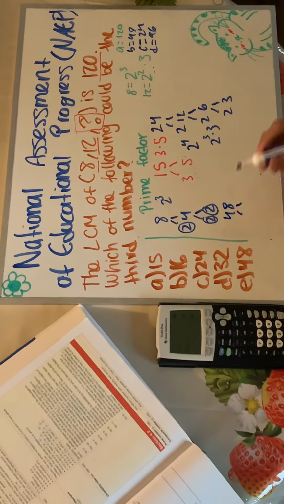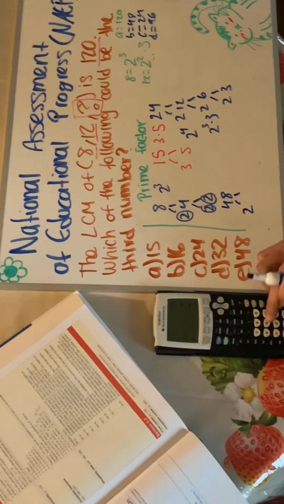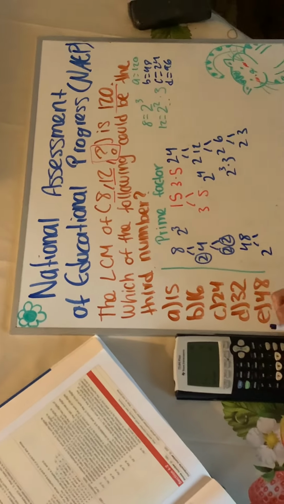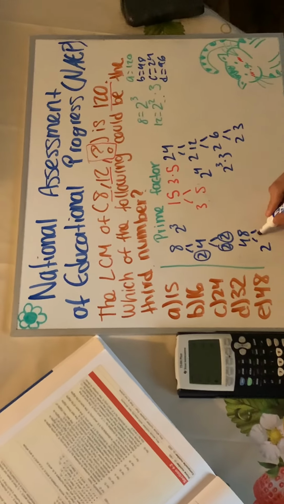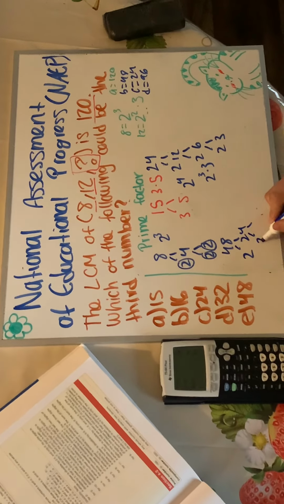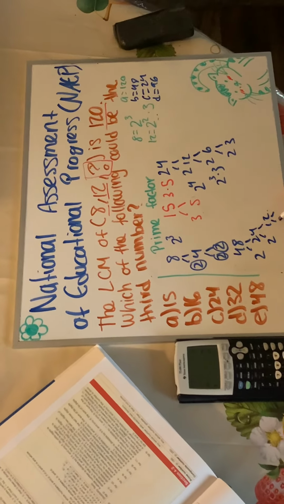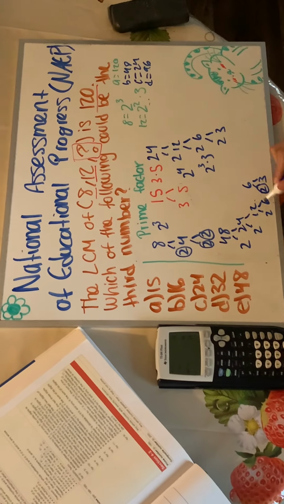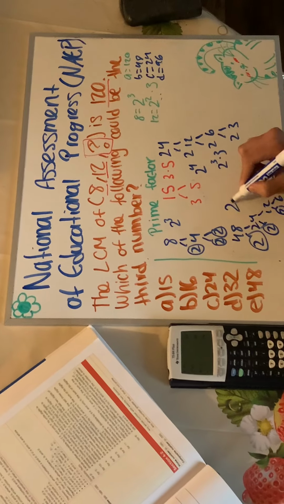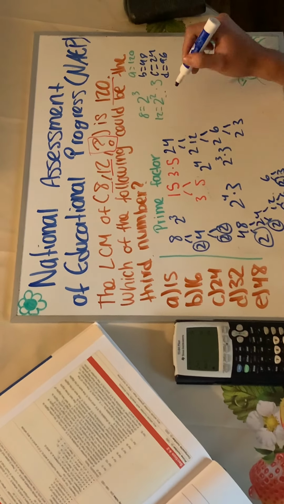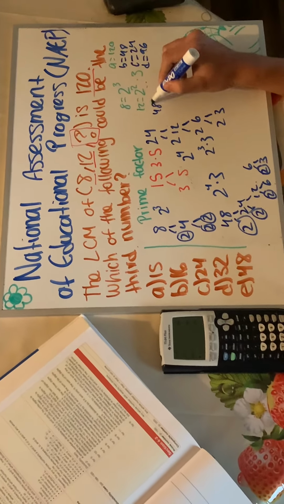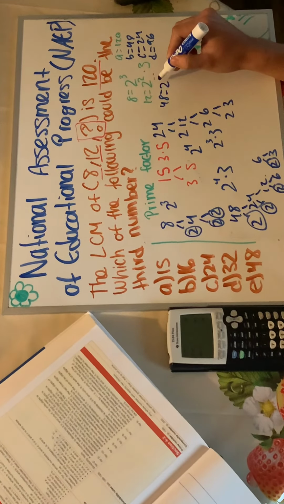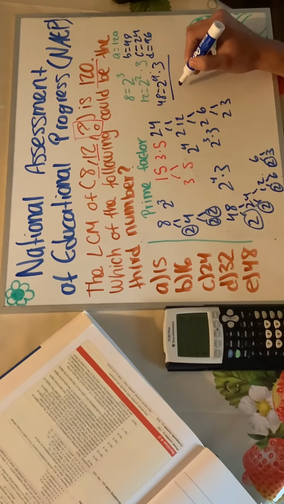So 48 is 2 and 24. 24 is 2 and 12. 12 is 2 and 6. And 6 is 2 and 3. 1, 2, 3, 4. 2 to the 4 times 3. 48 is equal to 2 to the 4 times 3.